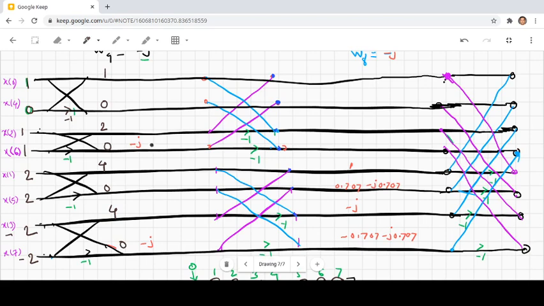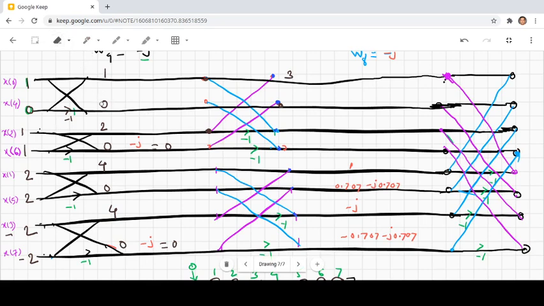0 into minus j comes out to be 0, and 0 into minus j also comes out to be 0. Here I get 1 plus 2, that is 3. Here I am getting 0 from this branch, and from this I am also getting 0. So I think we have made a mistake here.